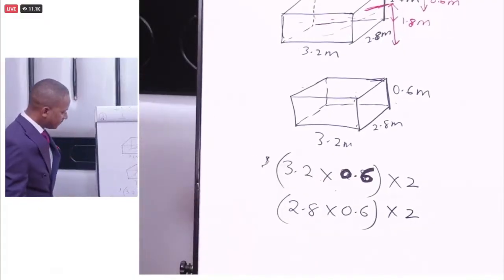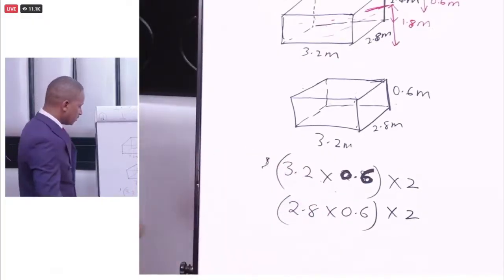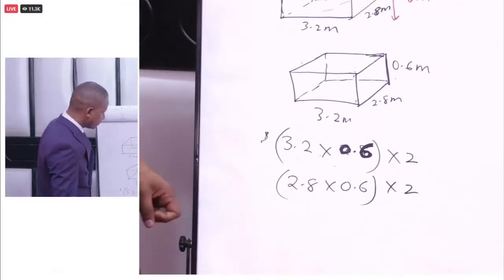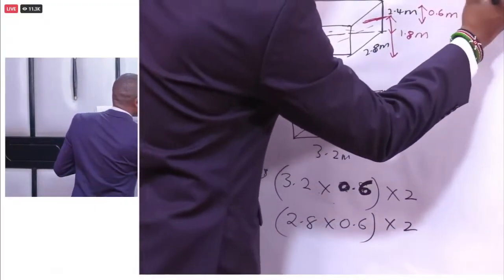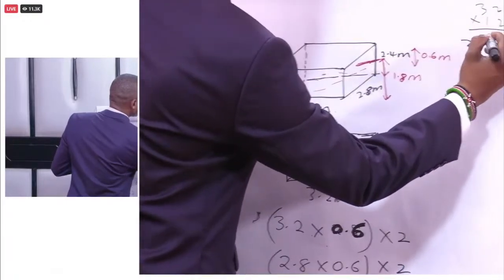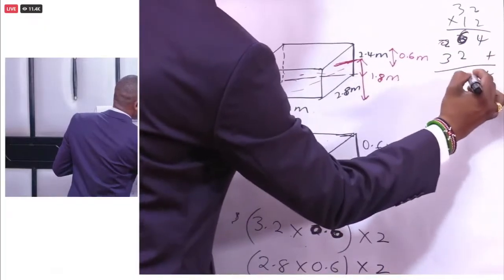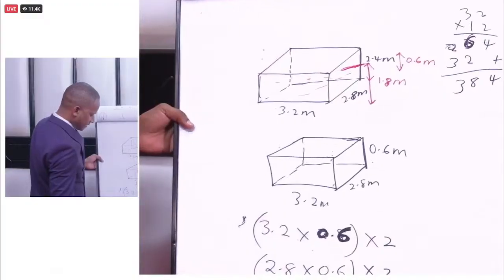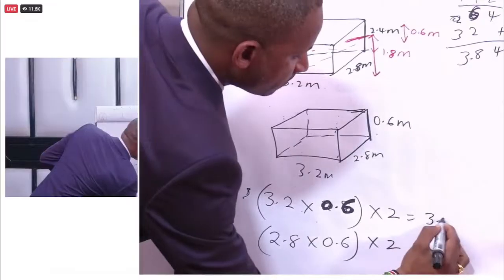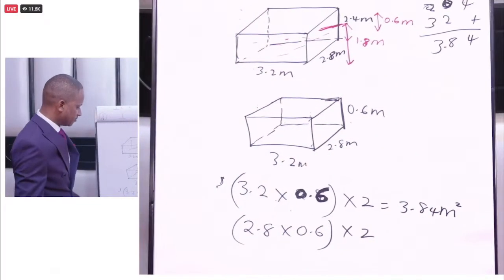So when we open this up, we just want to do multiplication, but you can use your calculator. Multiplying out the first part gives 3.84 meters squared, because it is area.